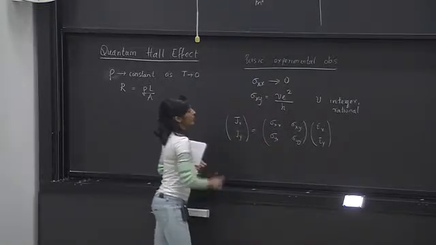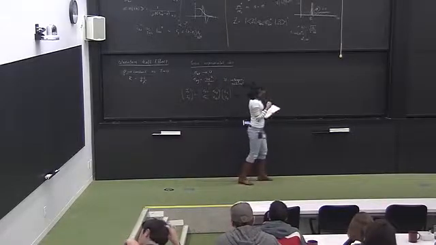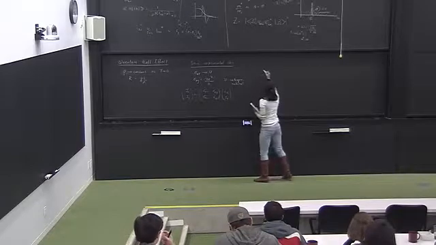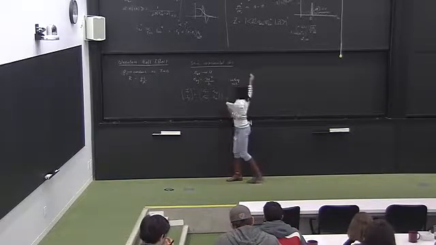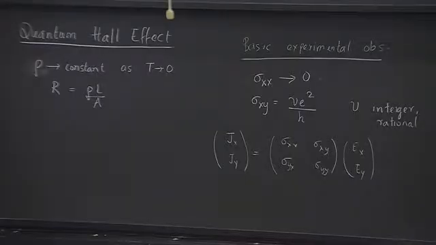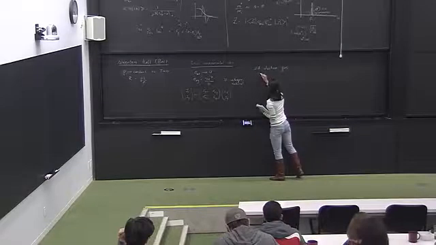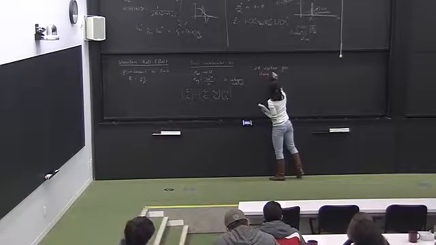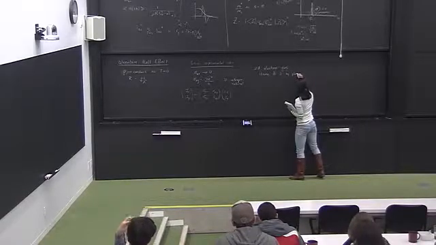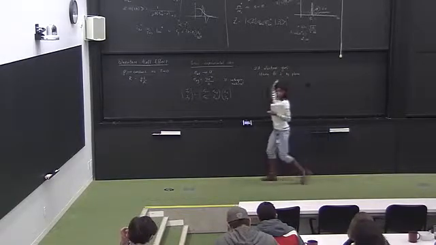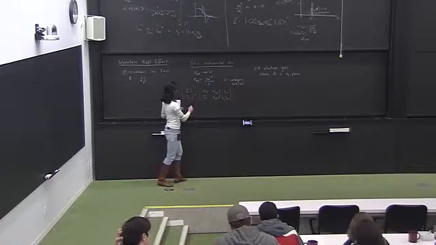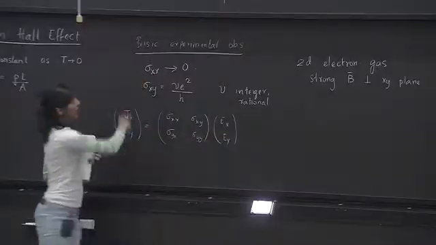This is the definition. So there exist real transistor-like devices in which there is a 2D electron gas subjected to strong magnetic fields B, which are perpendicular to the xy plane, in which it's seen that the sigma xx conductivity goes to 0.